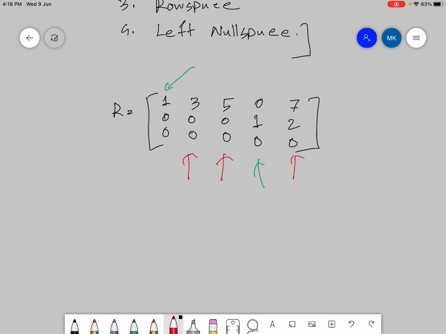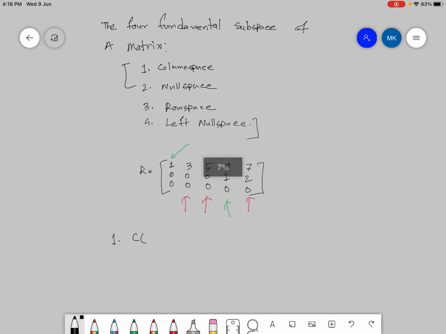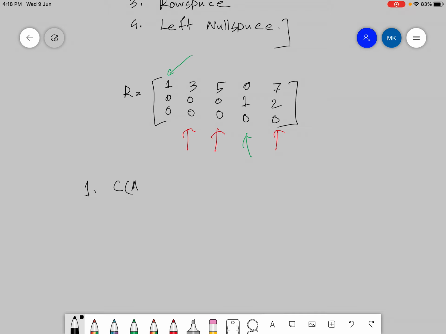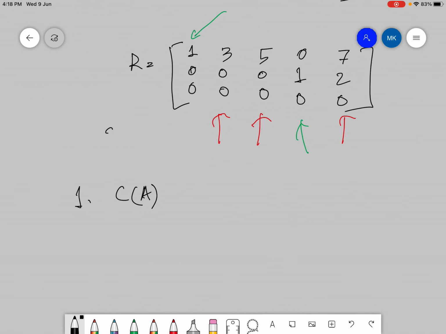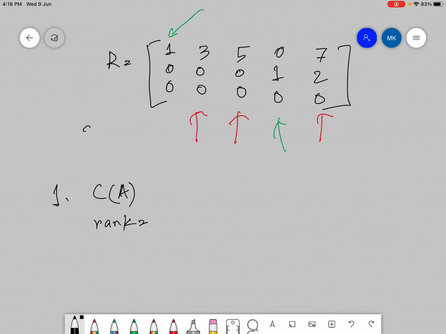If I talk about the column space of A, the rank of this matrix is, as you can see, there are 2 pivot columns, so the rank is 2. If you have the rank as 2, what is the dimension of the column space? The dimension is also 2. This is the same as rank.